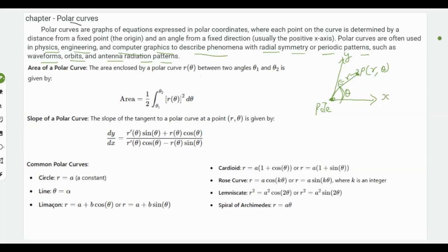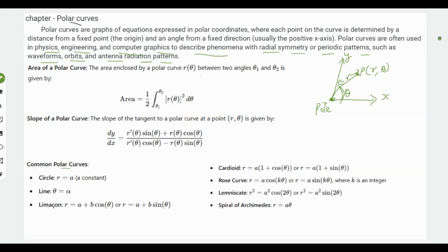Then you have the area of the polar curve. It is given as area equals 1 by 2 integration from theta 1 to theta 2 of (r of theta) whole square d theta. The slope of the polar curve is given as dy by dx equals r dash of theta sin theta plus r of theta cos theta, divided by r dash of theta cos theta minus r of theta sin theta.